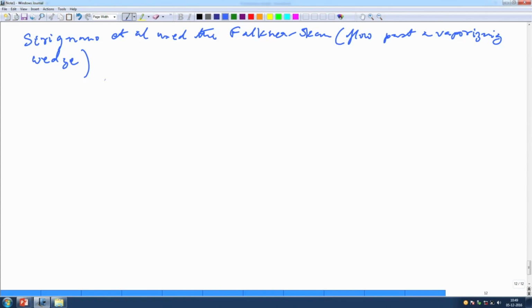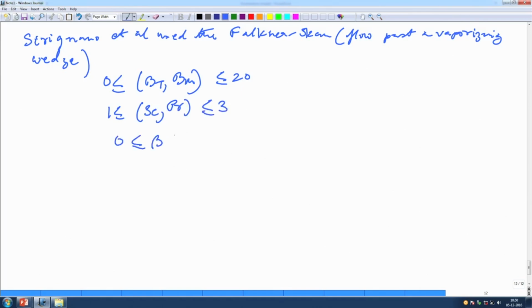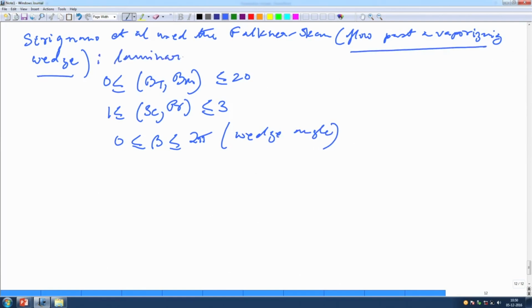In those cases there are some restrictions on B_T and B_M: they are both less than 20, the Schmidt number and the Prandtl number are less than 3, and beta, which is the wedge angle, is within this range. That was what Sirignano used, flow past a vaporizing wedge and the corresponding laminar boundary layer.